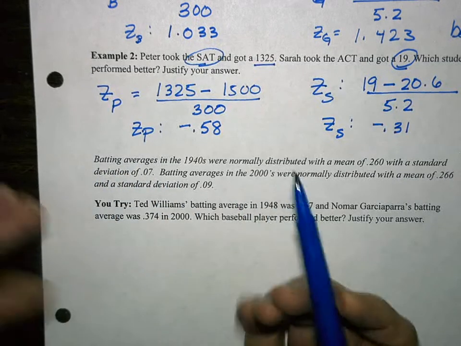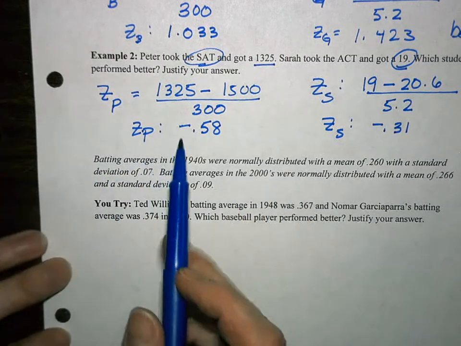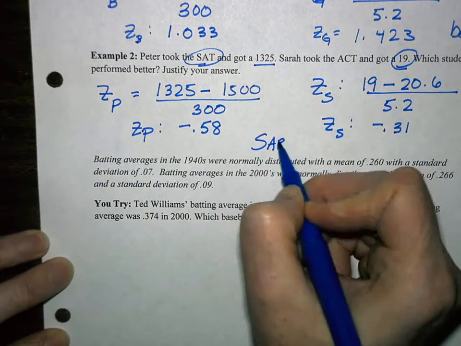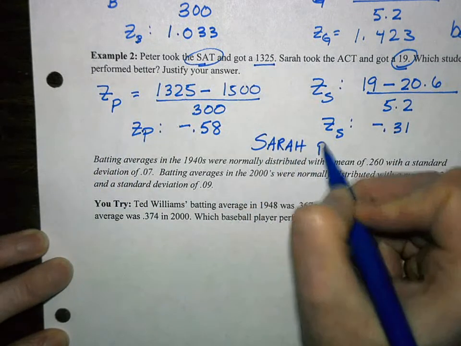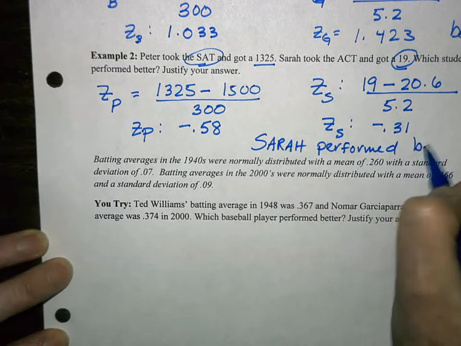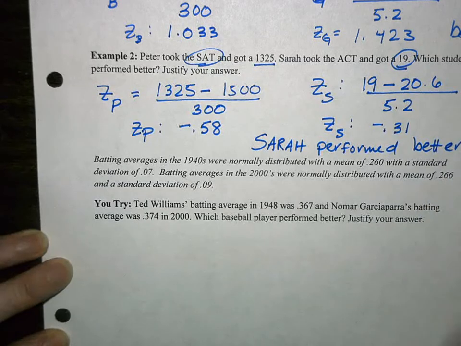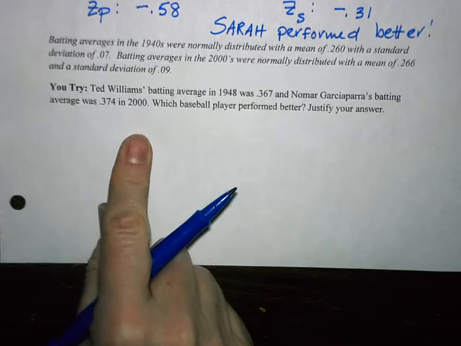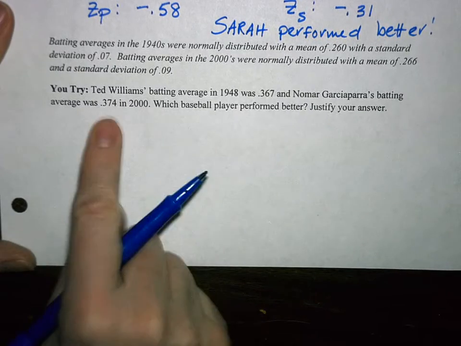Well, in this case, Peter is farther from the mean, but in a different direction. So if the question is asking who did more unusually, it's Peter. But the question is asking which student performed better. So Sarah performed better.